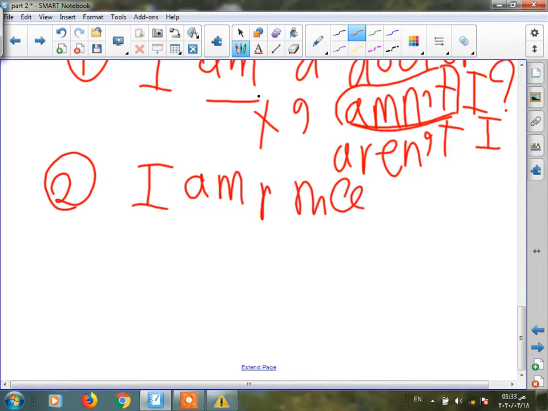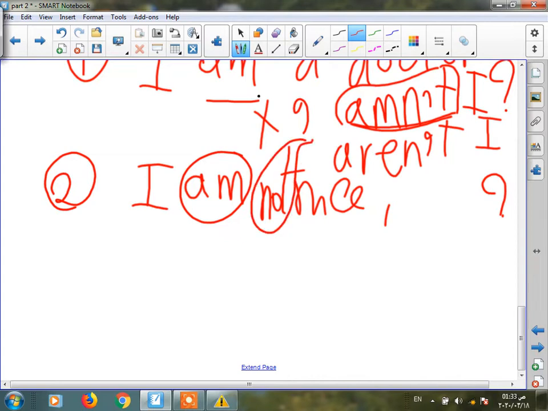Case number two, if I have I am not nice. And I ask you, where is your verb? Your answer will be am. Here is the verb. Please don't forget to circle not, because if you don't circle it, you will consider your sentence as a positive one, but here I have a negative sentence.